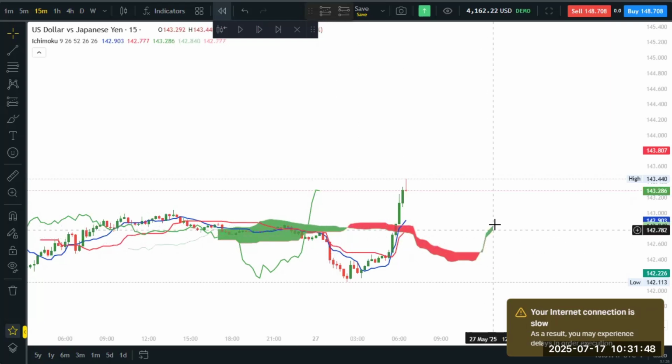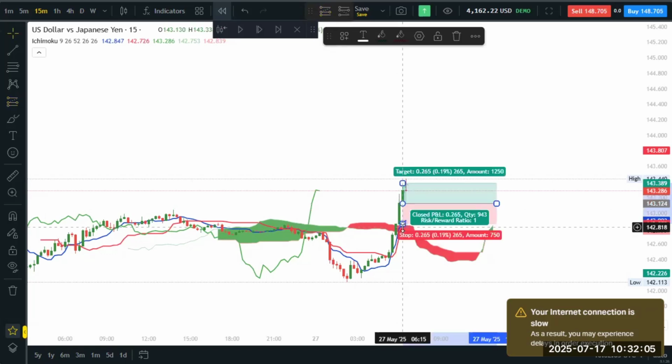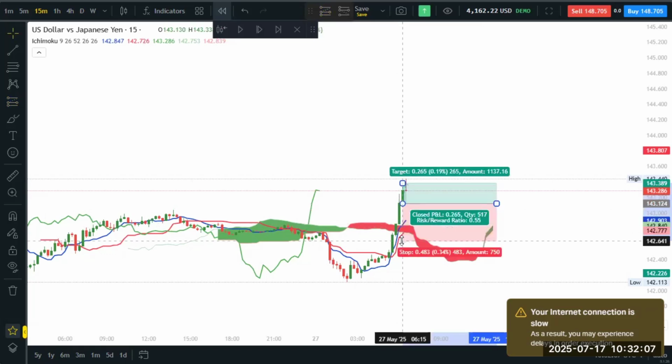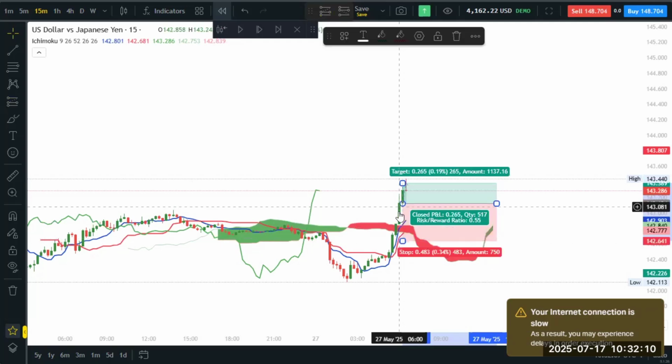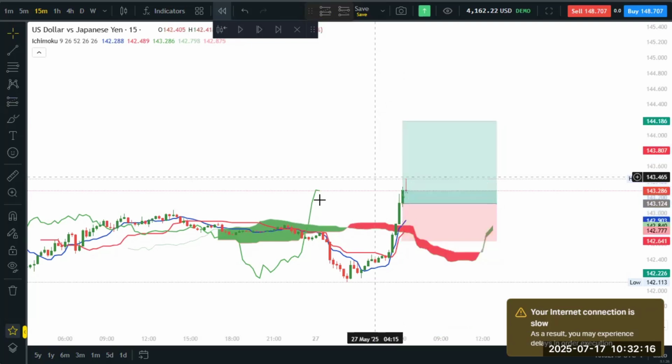At this point, we have a greenish, which is bullish, cloud ahead of us. So it's telling us the cloud is greenish ahead, which means we are good to buy. At the close of this candle that closes with a body above the cloud, we will take our entry. Our stop loss will just be below the cloud that corresponds with this candle, and you will aim for 1 to 2, and let's see how it goes.